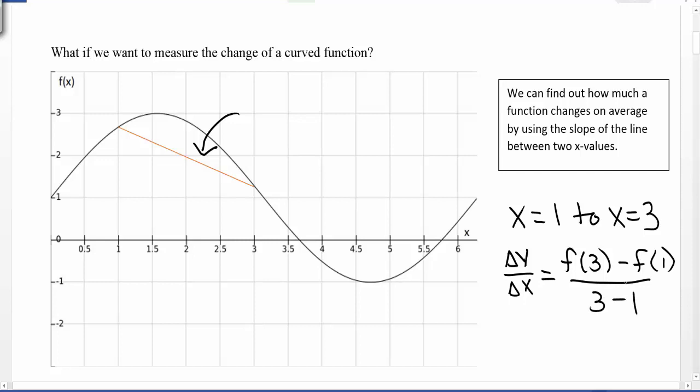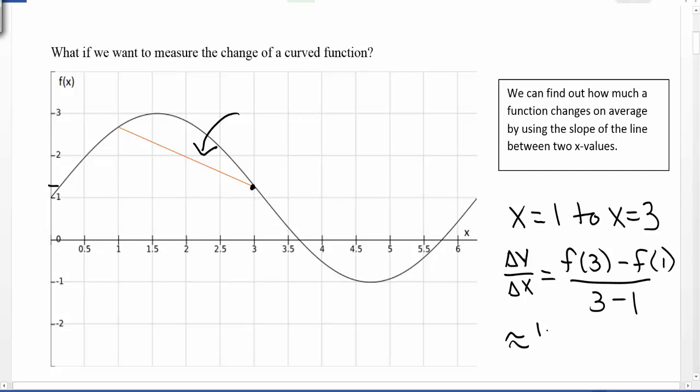So f of 3 represents the y value when x equals 3. Here, I'm going to approximate f of 3, which means I'm going to estimate what the y value is because I don't have a clear answer. It doesn't look like it's at an exact integer, so I have to make a good educated guess about where that value is. Looking at this y value for f of 3, I'm going to approximate that it is approximately 1.3.